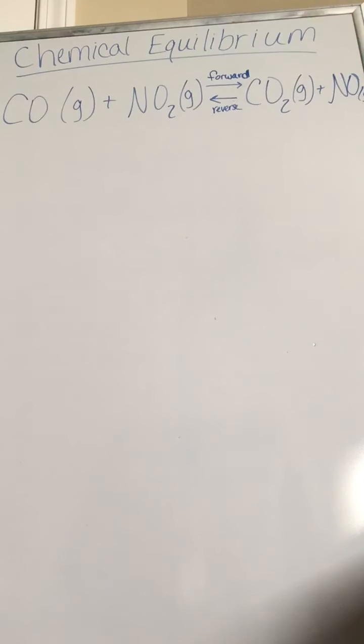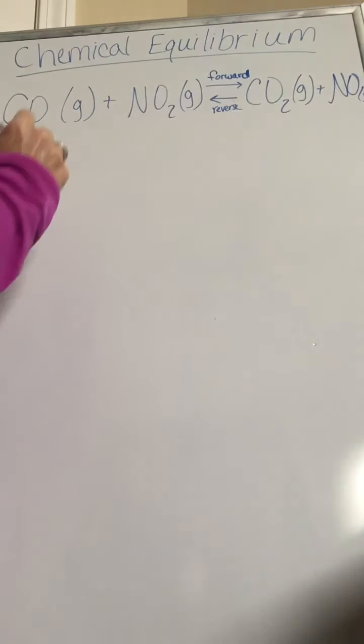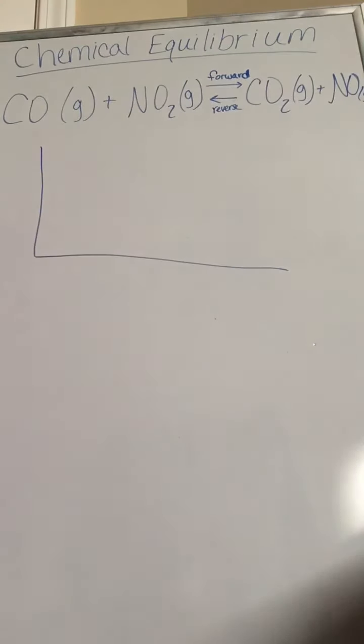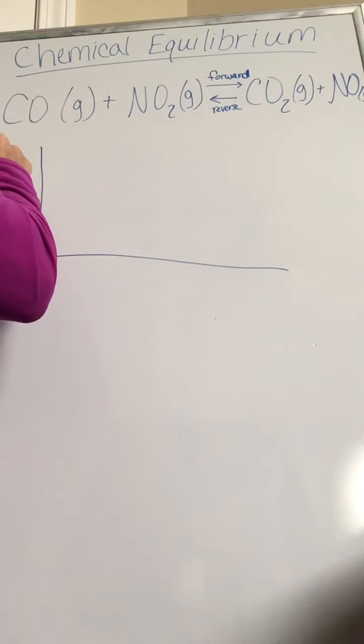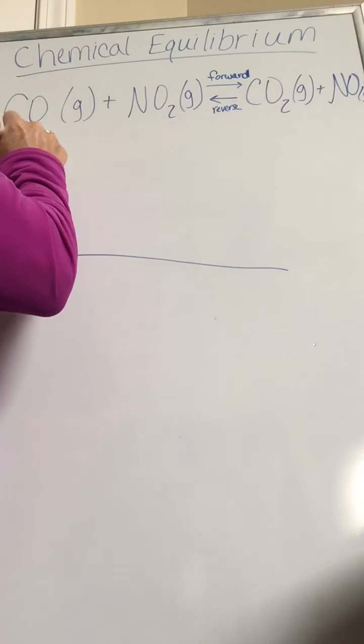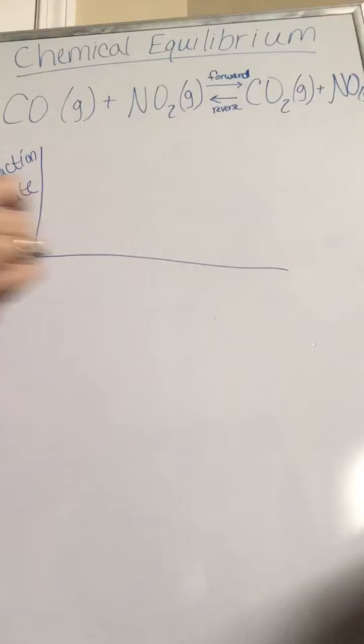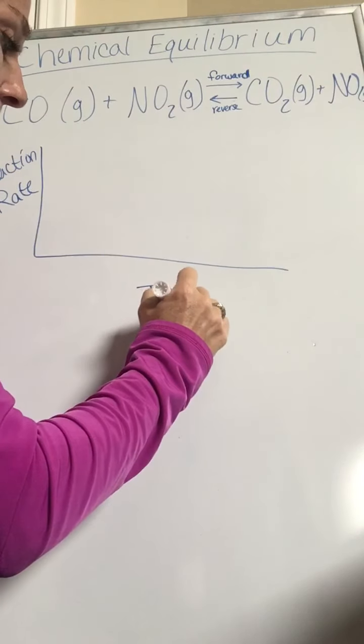Now, when you combine those two, if both of these are happening at the same time, then our new rate equation can be drawn, let's say reaction rate, and time down here.